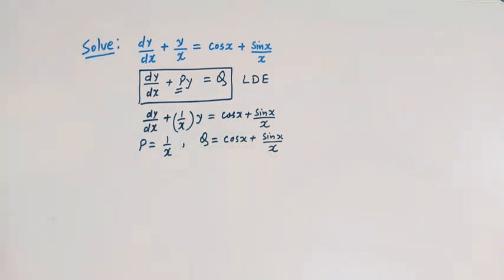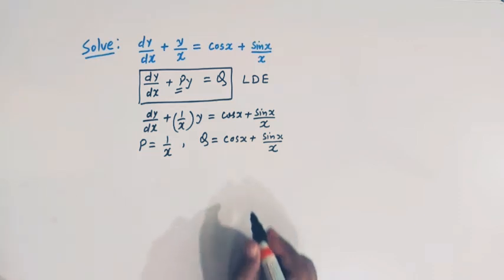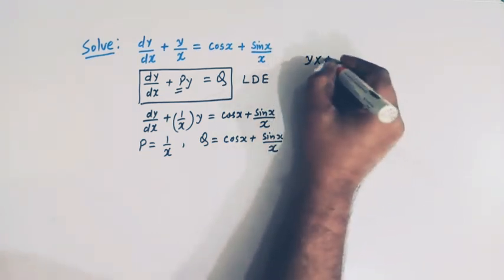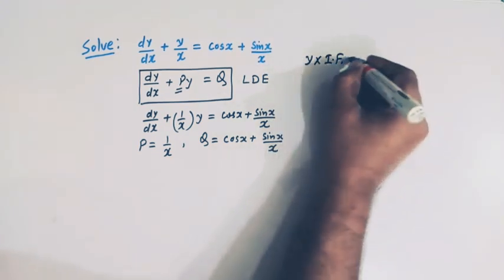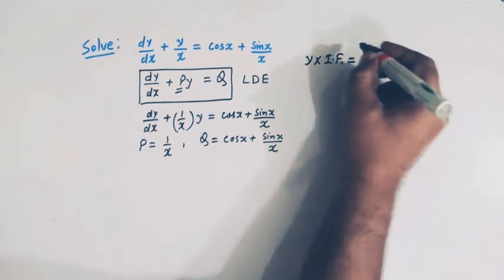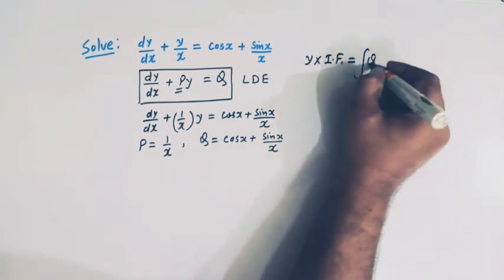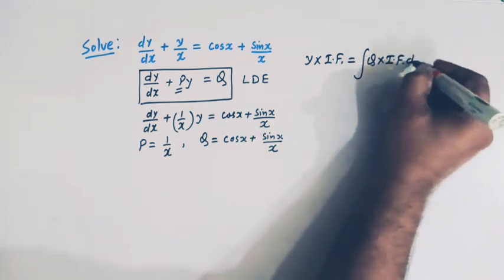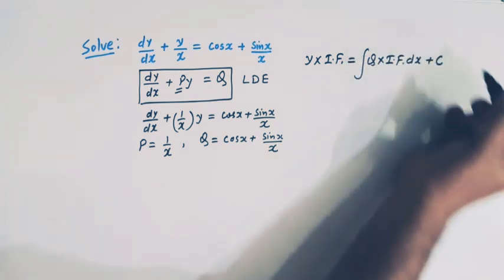So the complete solution of a linear differential equation is given by y times the integrating factor equal to the integral of q times integrating factor dx plus c, right?